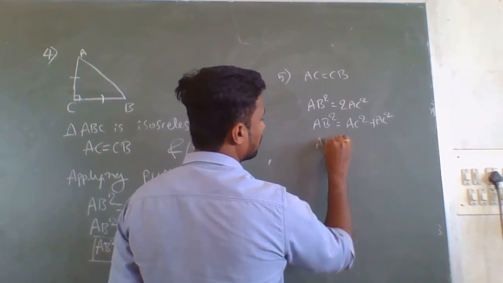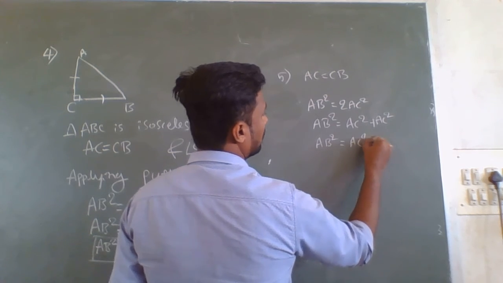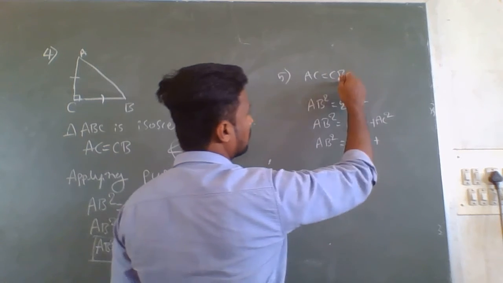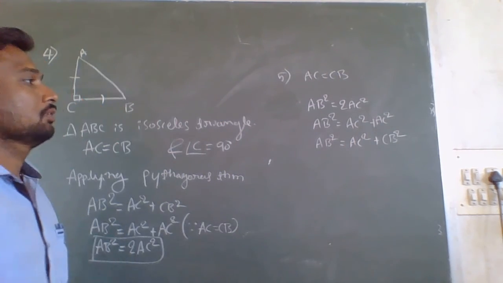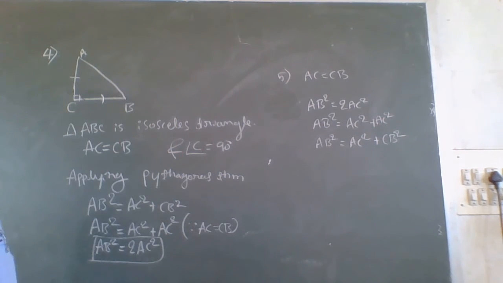And here AB square is equal to AC square plus, here in the place of AC square what we can write? We know that AC is equal to CB, therefore here we can write CB square, because AC is equal to CB, therefore AC square is equal to CB square.